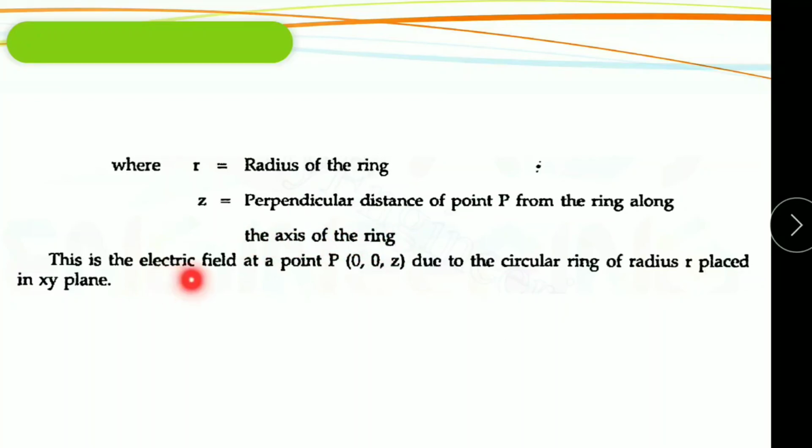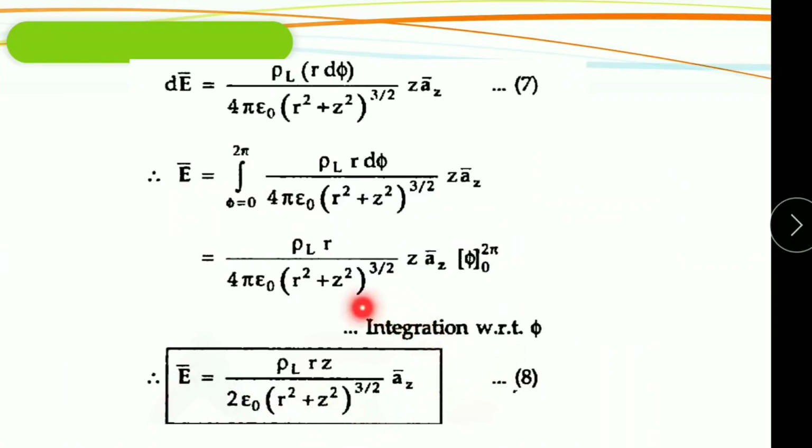So the electric field at point P (0, 0, z) due to a circular ring of radius r placed in the xy plane is given by this expression for electric field intensity due to a circular ring.